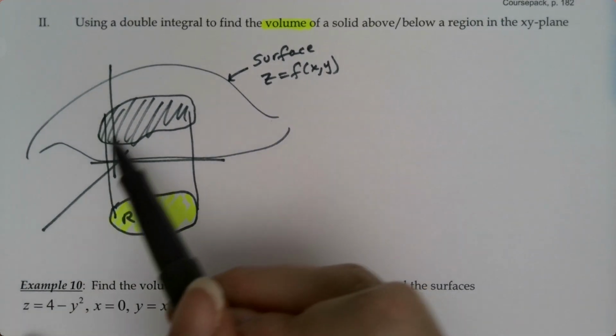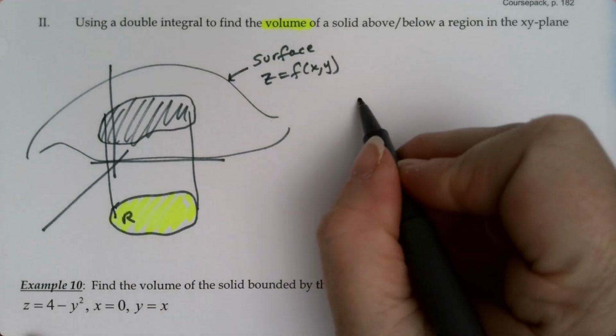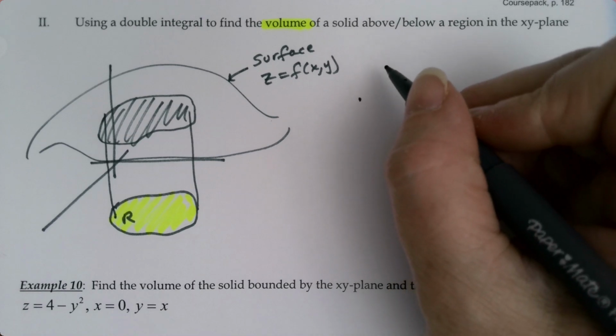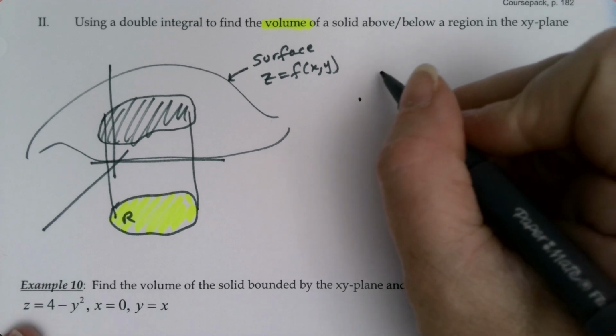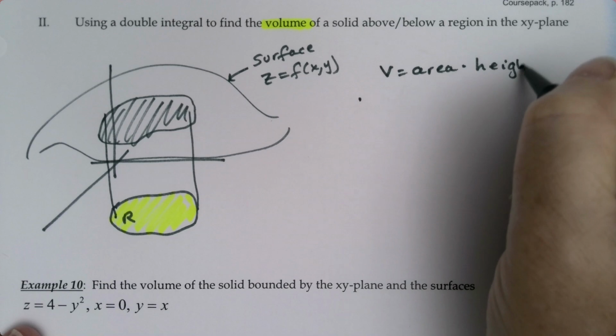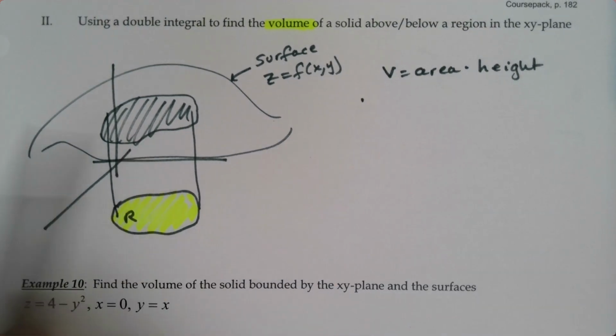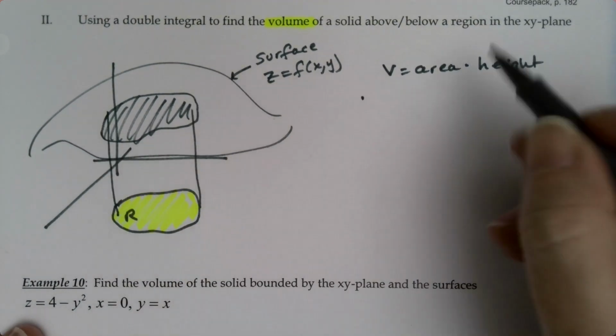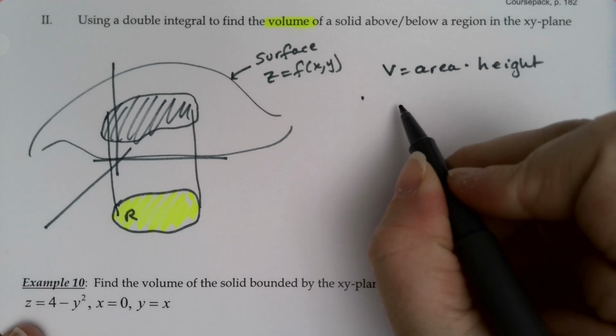All right, so when we find the double integral, what we're doing is we're taking volume, which is area times height, right? So volume is area times height. But of course, because this is a three-dimensional object and because it's all curved and everything, you can't just use the regular geometry formulas.